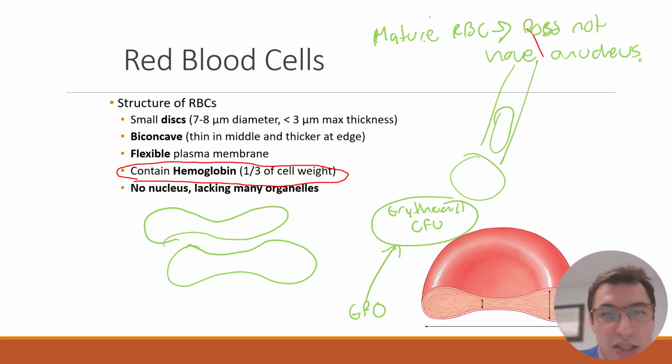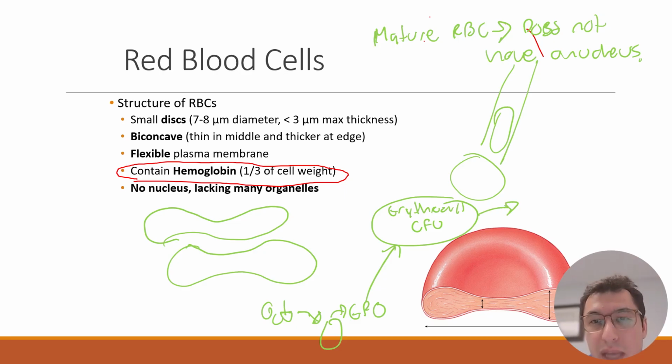So when you are lacking oxygen, a decrease in oxygen levels makes the kidneys release EPO, and the EPO goes to the bone marrow, and this stimulates the erythrocyte colony forming unit, and then that leads to the development of erythroblast. You can remember that it is the first one because it has a B, and then you can remember that it is the baby red blood cell. So B stands for baby.